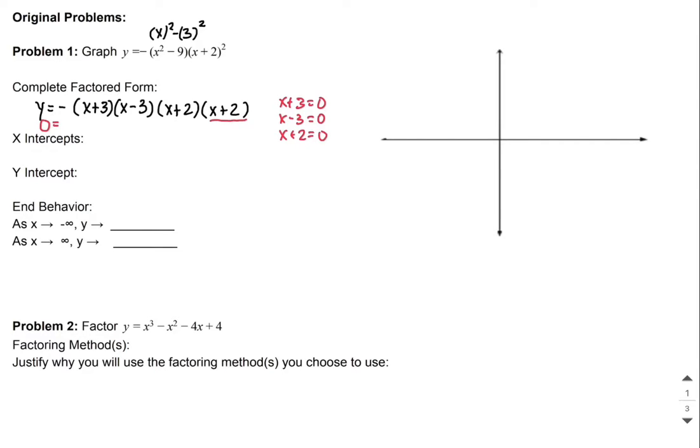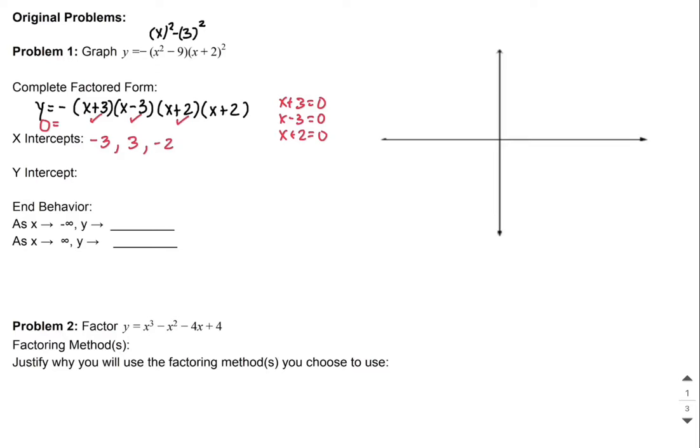And I didn't repeat that because I had x plus 2 two times. So for my x-intercepts, I have negative 3, positive 3, and negative 2. Those are the x values that are going to make these functions equal to 0.